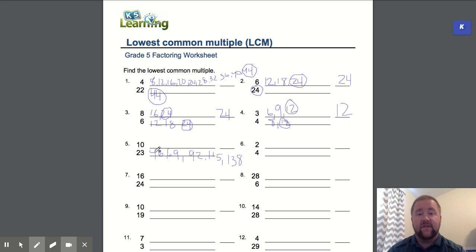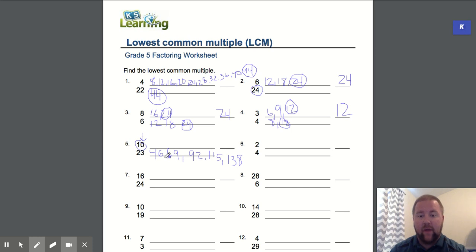If you have a problem like this, I'd find a sheet of paper and I would just keep making my list. The nice thing about this is we know that all multiples of 10 end in a 0. So as soon as you list these out and find one that ends in a 0, then that's going to be your least common multiple. 10 is going to work.